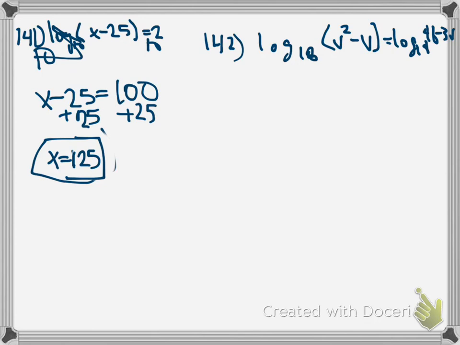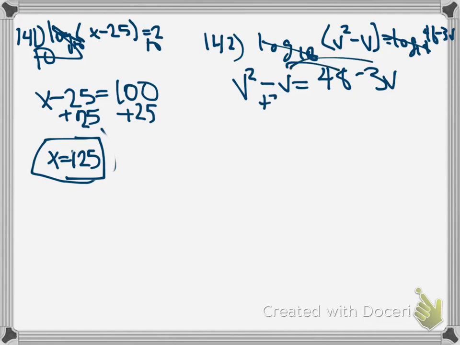Anyways, all right, notice on 142 that the logs are the same, so that way these cancel out. Leaves me v squared minus v is equal to 48 minus 3v. Again, quadratic, so we move everything to one side. I'm going to have a plus 3v, so I get v squared plus 2v minus 48 is equal to 0.